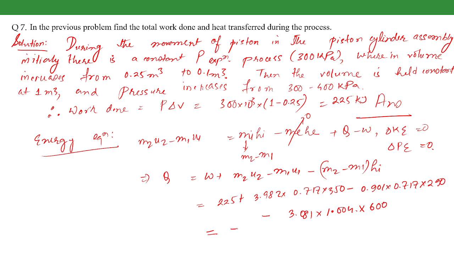So this value comes out to be 819.05 kilojoules. So there is basically a heat loss for the system. Okay, so this is the heat transfer during the process.